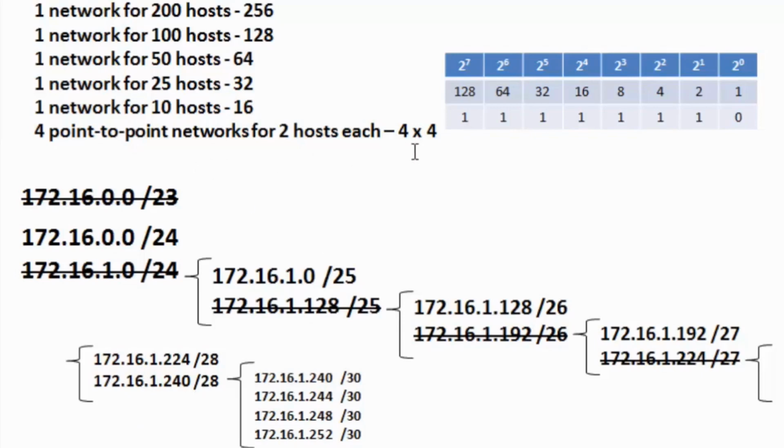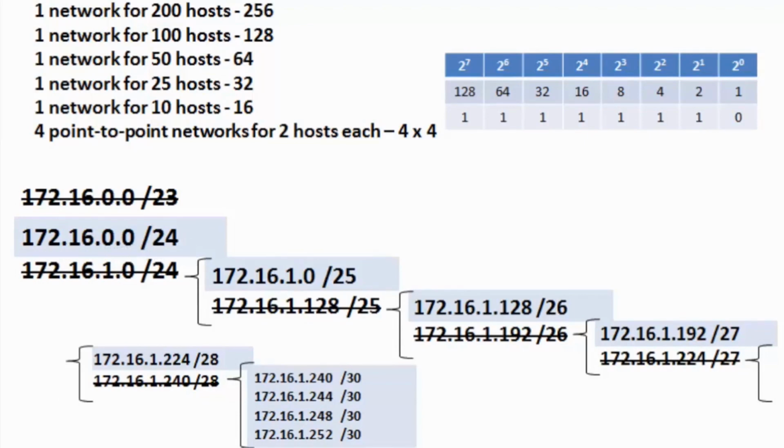The second one I'll use for 4 subnets of 4 hosts each. So now instead of the 240/28 subnet, I have the 240/30, the 244/30, the 248/30, and the 252/30 subnets.